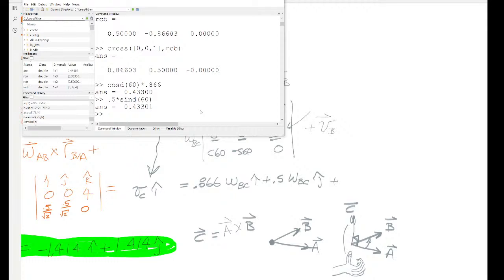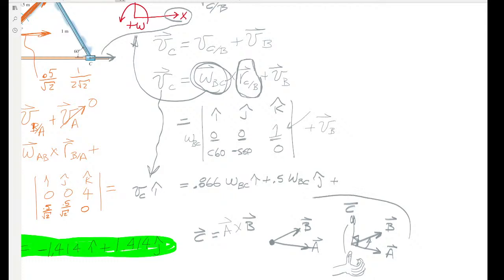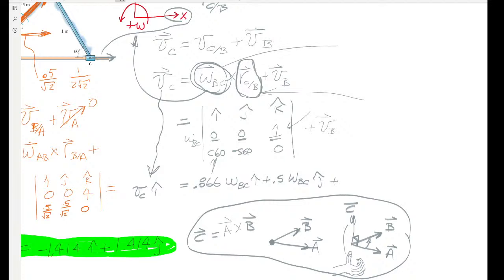I mean, if I carried that 0.866 with more digits, it would end up carrying more. So in fact, this check along the way is the minute you get that cross product, you dot it with the, I usually dot it with this vector because this one basically is too easy.